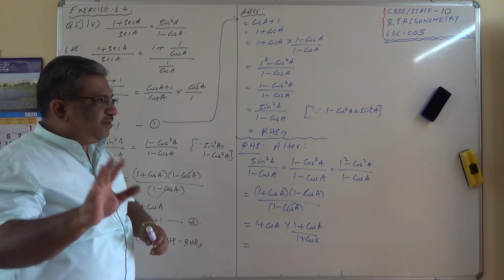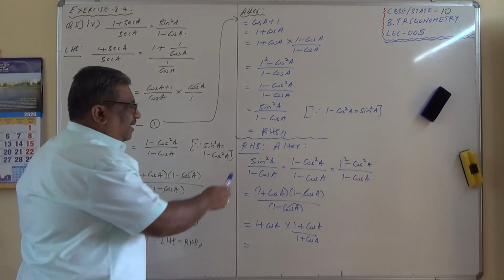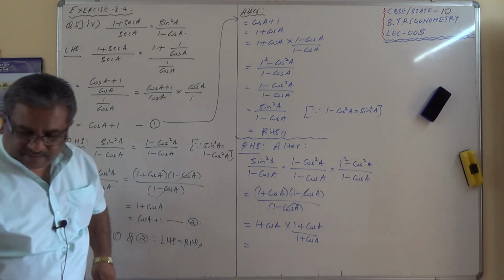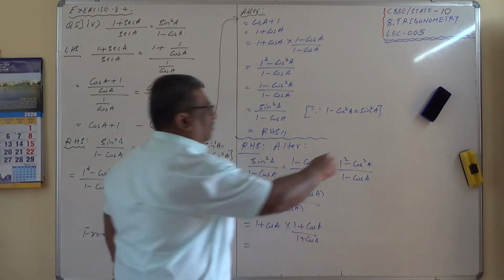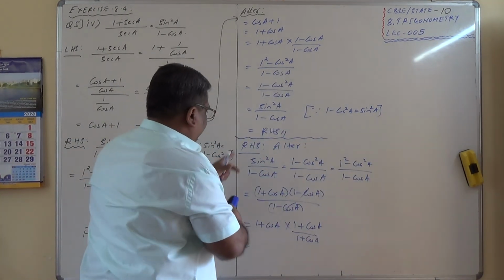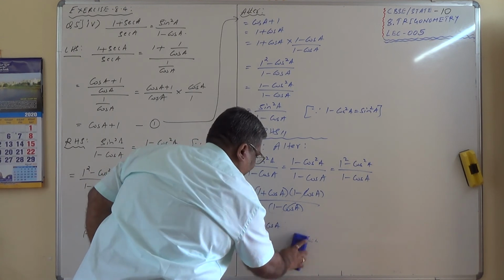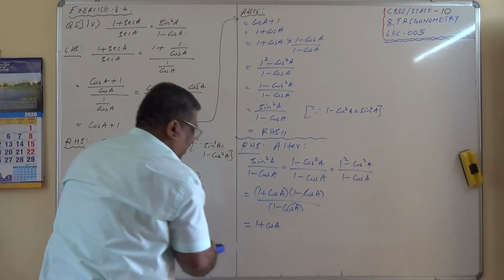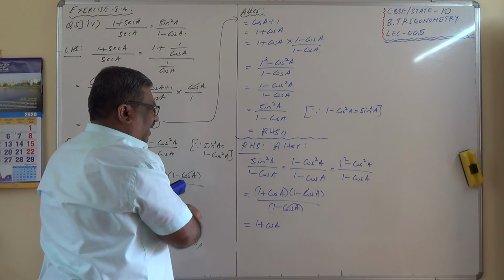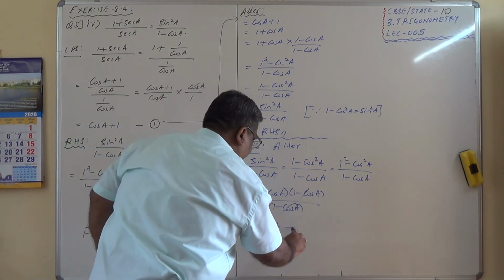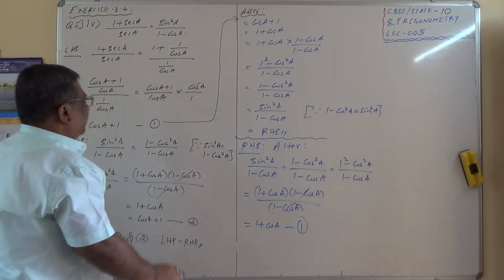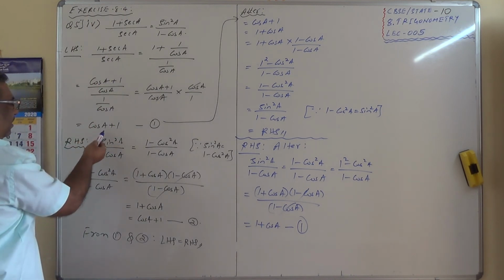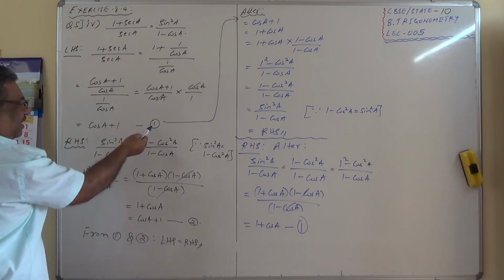So please, dear students, remember, if I take RHS, then I have to stop at this value. If I take RHS, I will stop here and mark it as 1. And take LHS and come over here, cos A plus 1, mark it as 2.